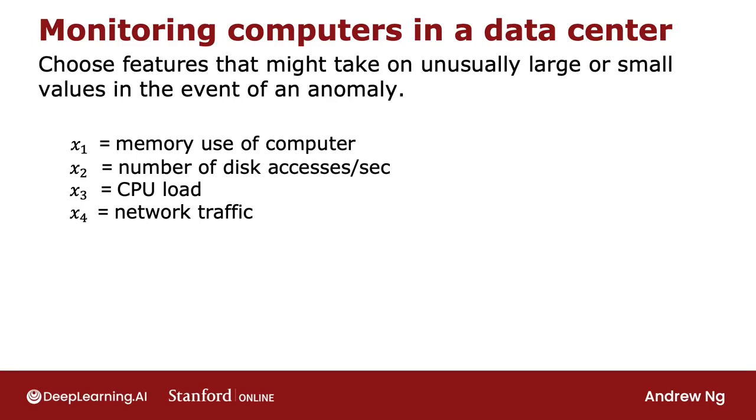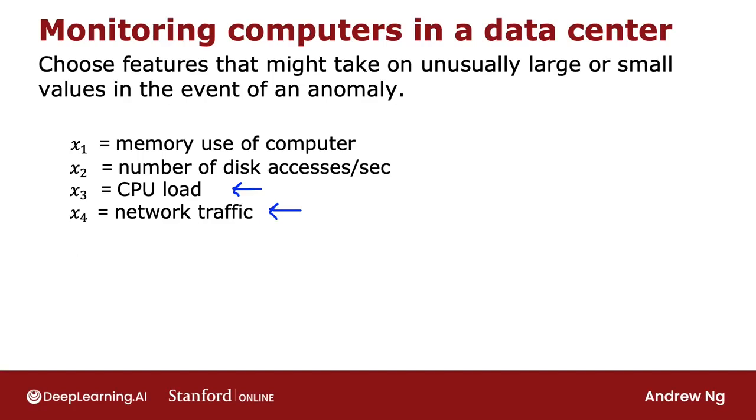So for example, if you find that there's a computer that is behaving very strangely, but neither the CPU load nor the network traffic is that unusual, but what is unusual is that it has a really high CPU load while having a very low network traffic volume. If you're running a data center that streams videos, then computers may have high CPU load and high network traffic, or low CPU load and low network traffic. But what's unusual about this one machine is there's very high CPU load despite a very low traffic volume.